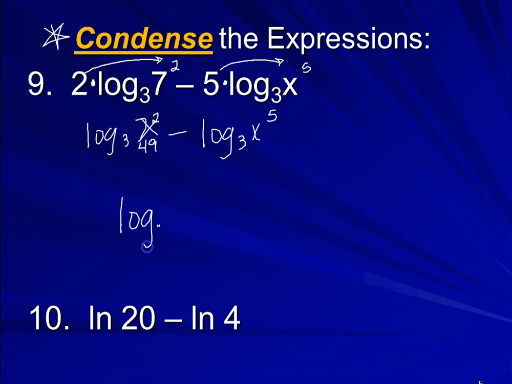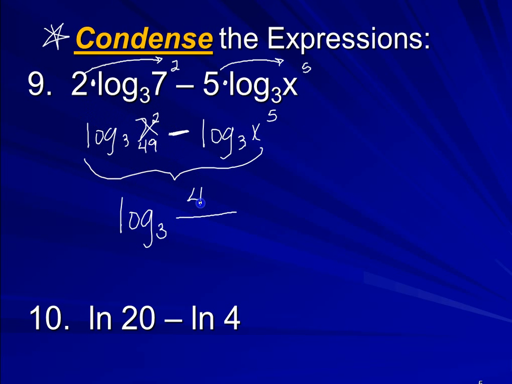My next step: I've got 2 logs here, and I need to bring them into 1 log. Currently, there's a subtraction sign in between these. So what am I going to do with these two since it's a subtraction sign? Since it's subtraction, when I condense them, it's going to turn into division. And what's going to go on top?